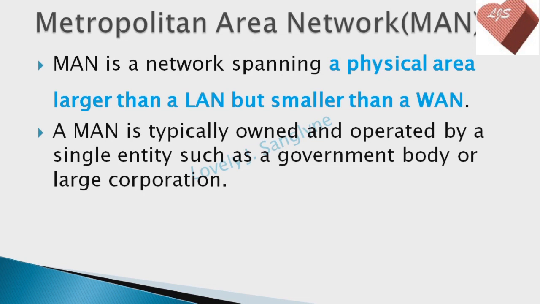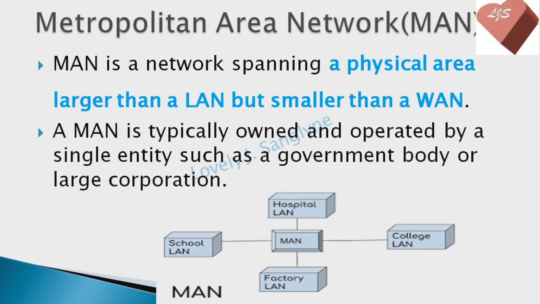Now think of any network which is larger than a school computer lab or a building, where the network is owned and operated by a single entity such as a government body or a large corporation. An example is a city, where there are many schools, hospitals, factories or colleges, and the networks are connected by the MAN.